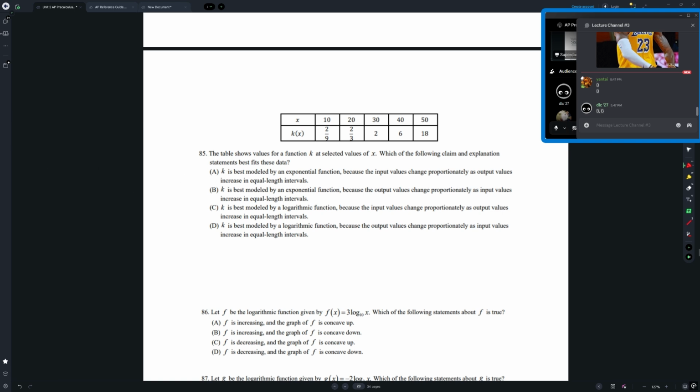So for 85, they're both B. B and a B. Any questions on these two or no?